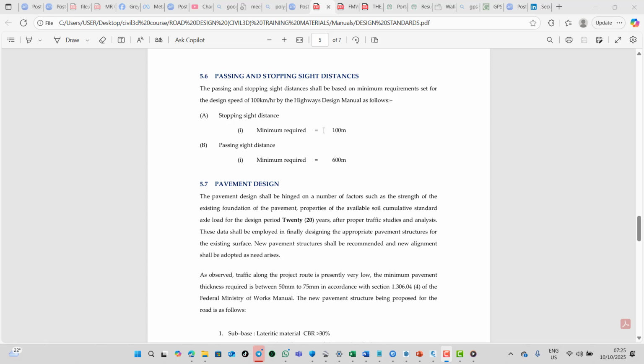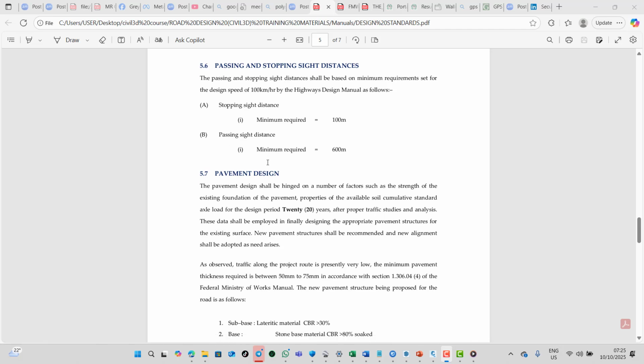So we are not using this information right now, so you can discard it because this is for a 100 km/h road. As we go into Civil 3D proper, you are going to see where we are going to be using this, because we will have to import our design standards into the software.